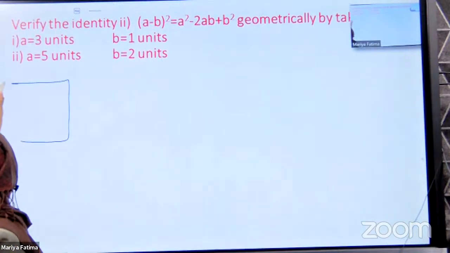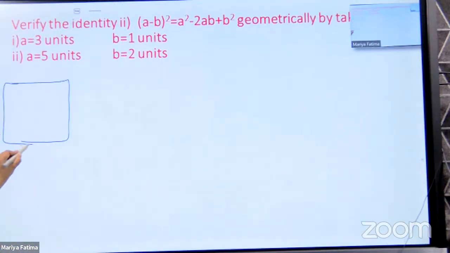a square, and we have seen that in the geometrical representation this complete side is your a. So what is the value of this? This is your 3 units. Out of that, this is your b. Then what will be the value of this? It will be a minus b, that is 3 minus 1, which is 2.